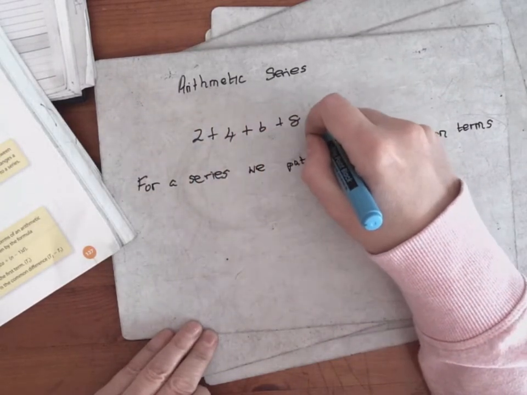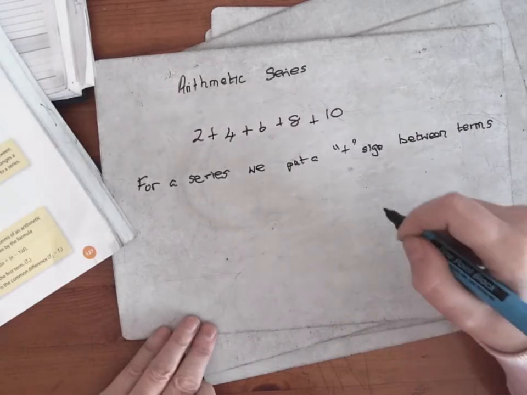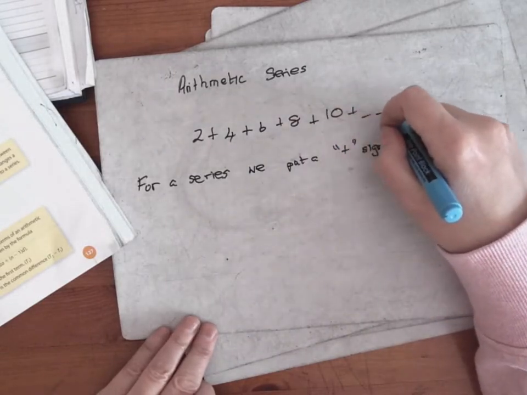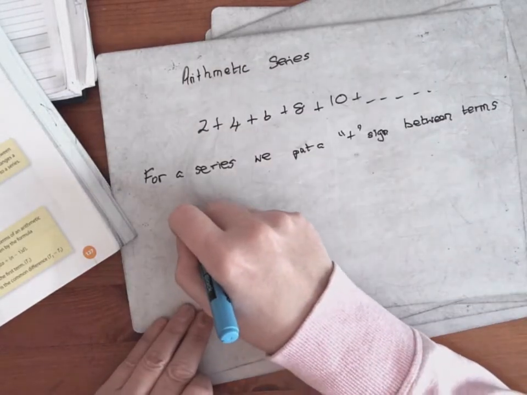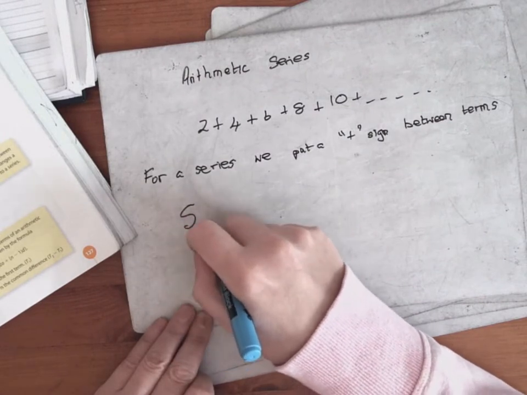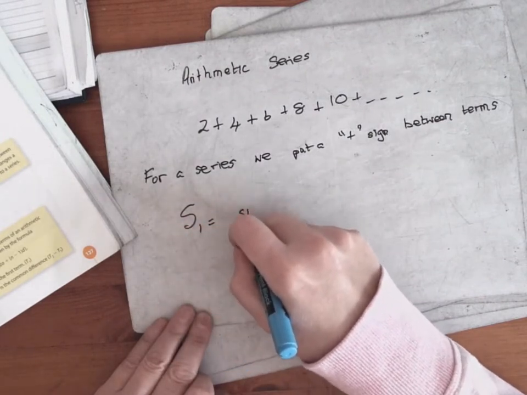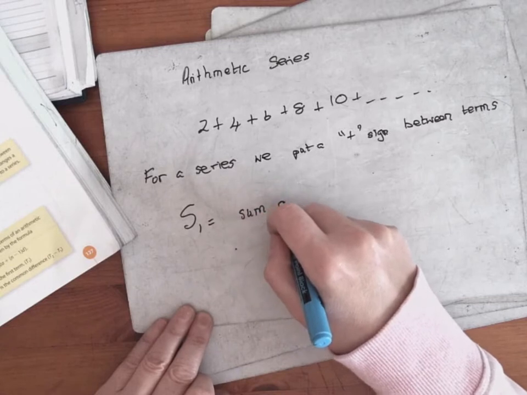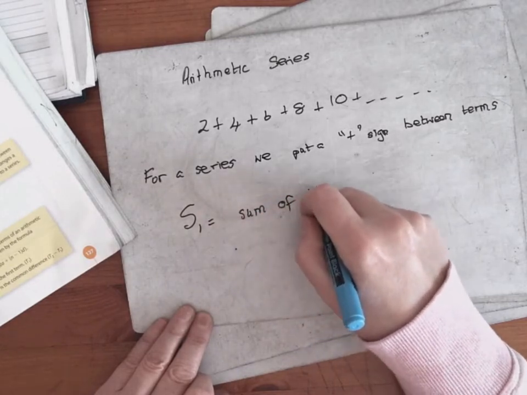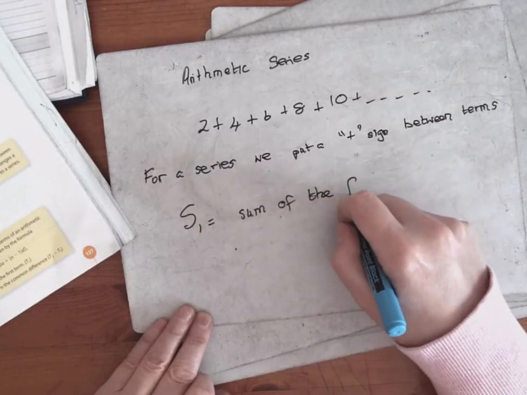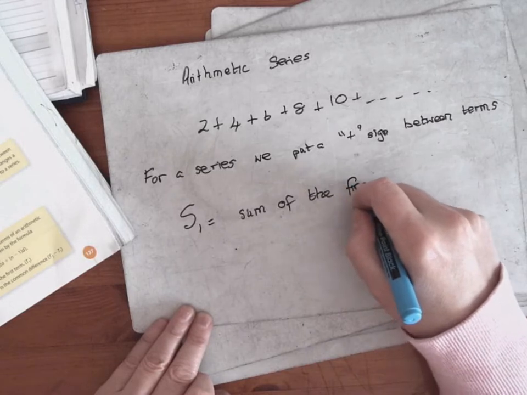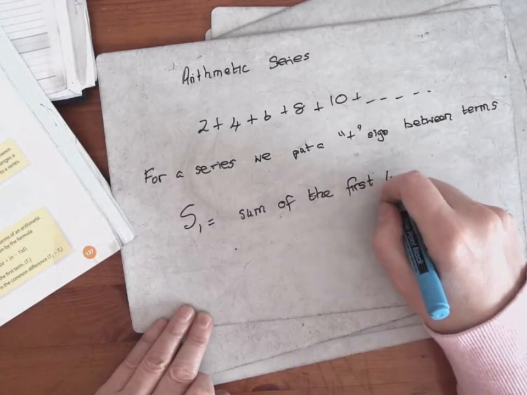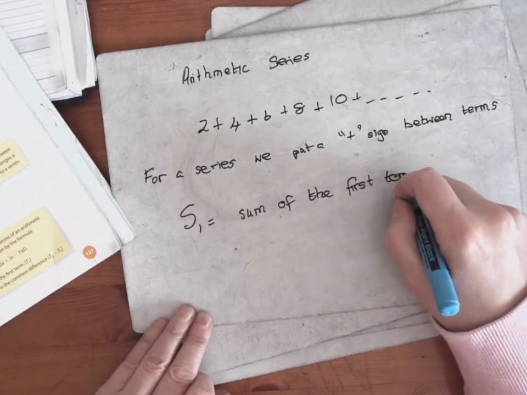And we don't call them terms anymore. We call them sums. So we have S1, the sum of the first term. What does sum mean? Sum means to add. So S1 is just the first term, which is 2.